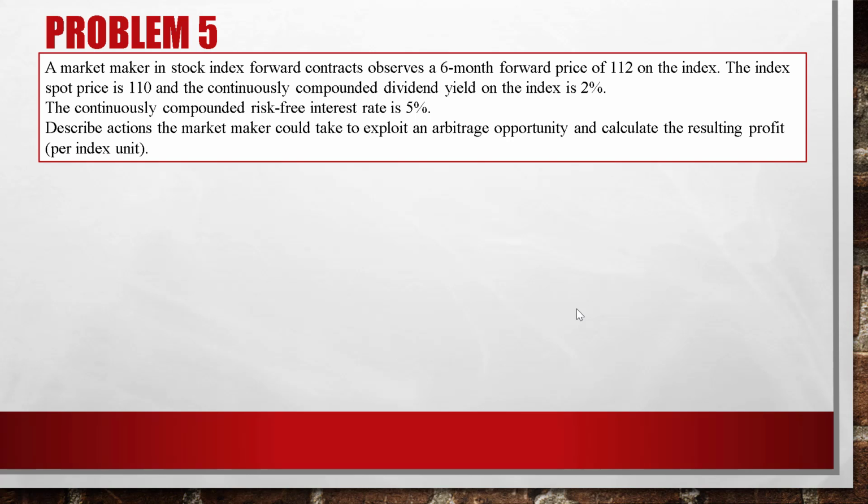So here we have a forward contract. It's a 6-month forward contract, and the current stock price is 110. So let's compare these two numbers.